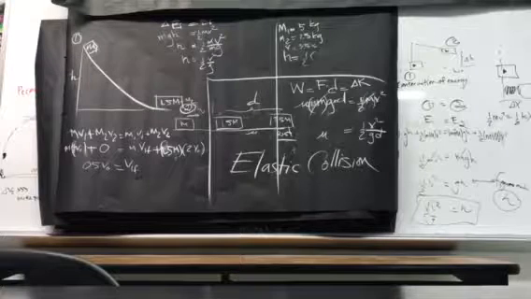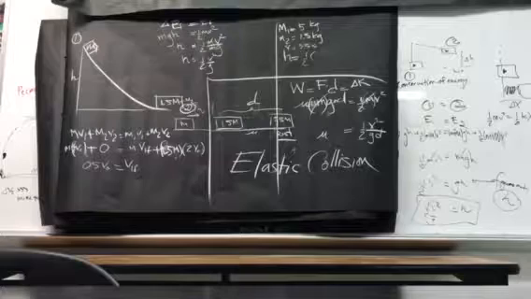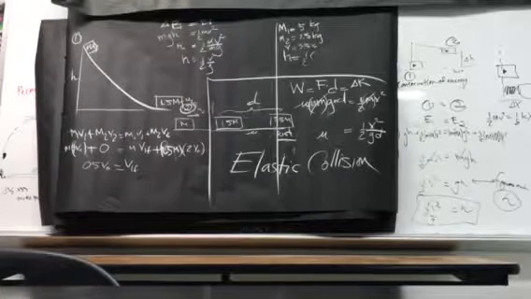The block slides down the ramp and is moving with a speed of 3.5 v naught, which is the initial velocity, when it collides with a larger block of mass 1.5 m at rest at the bottom of the incline. The larger block moves to the right at a speed two times the initial velocity.